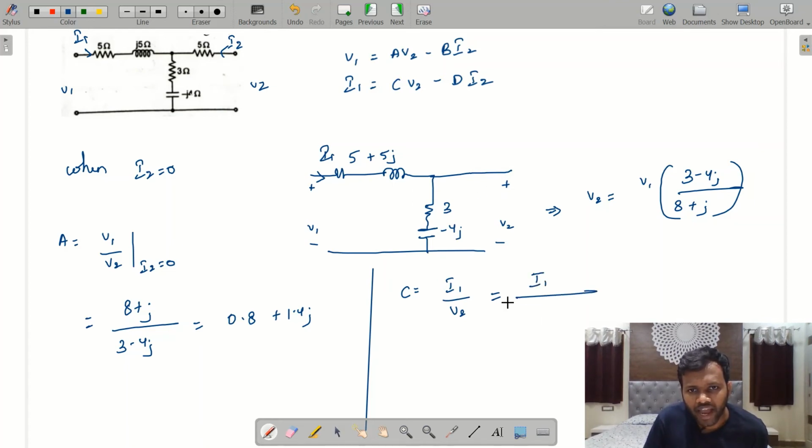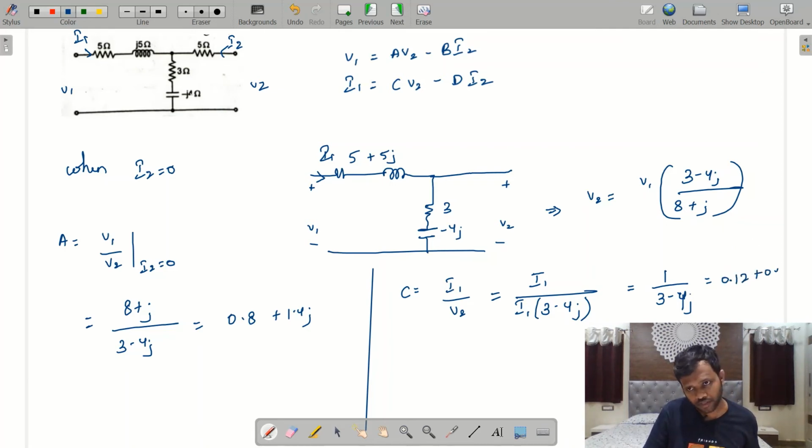V2 equal to I1 into 3 minus 4j, so it is 1 by 3 minus 4j, which will be equal to 0.12 plus 0.16j.